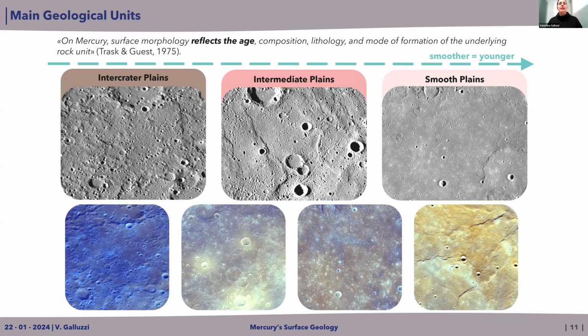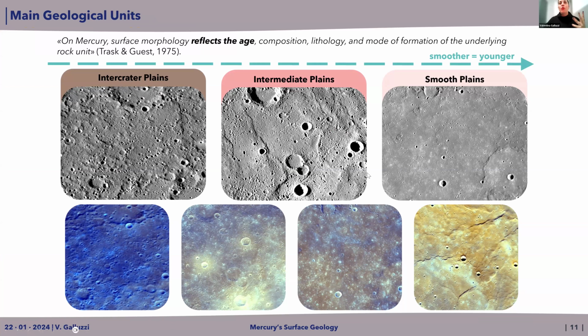So to understand the geological units that are on Mercury, we can start from the definition of Trask and Guest that was given in 1975 in the Mariner 10 era. On Mercury's surface, morphology reflects the age, composition, lithology, and mode of formation of the underlying rock unit.